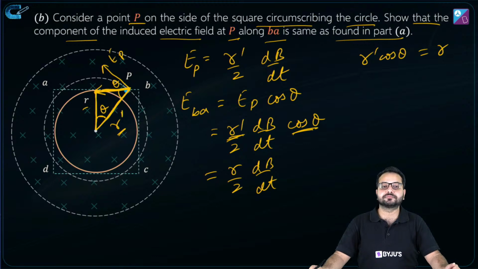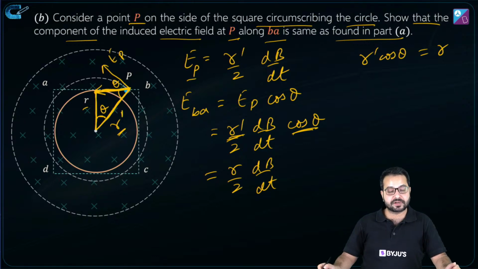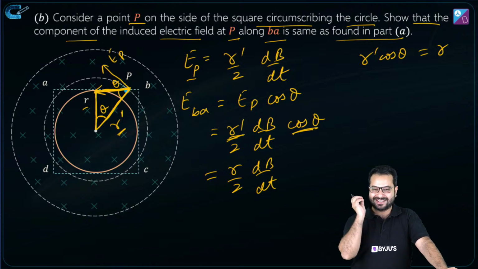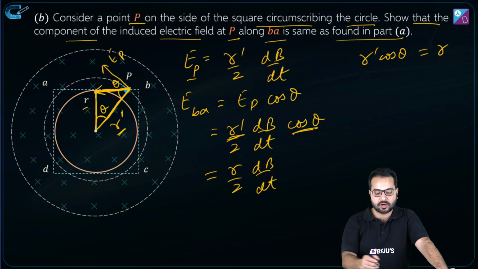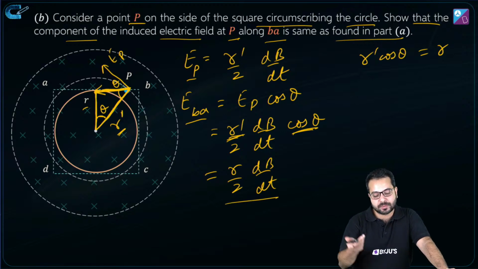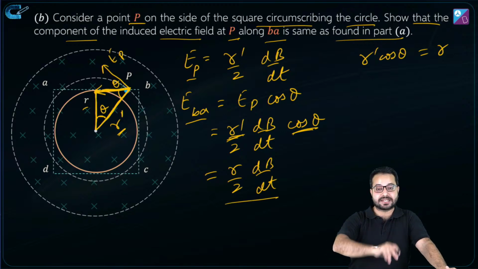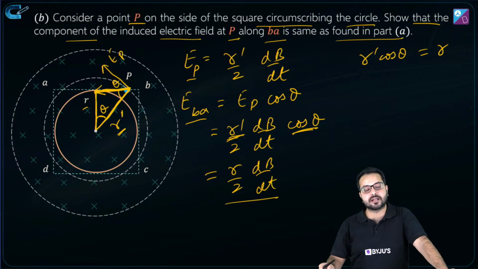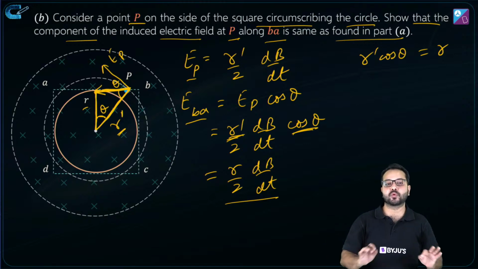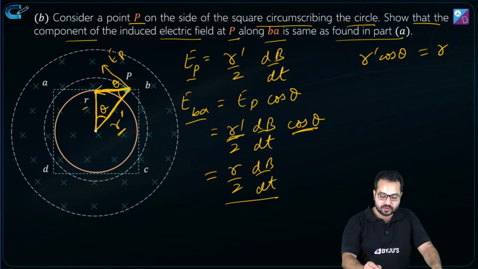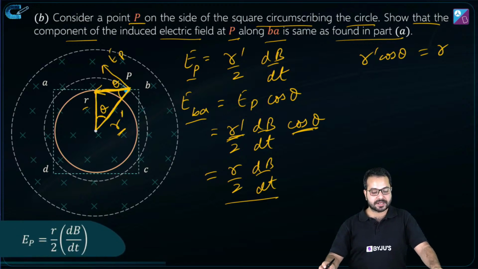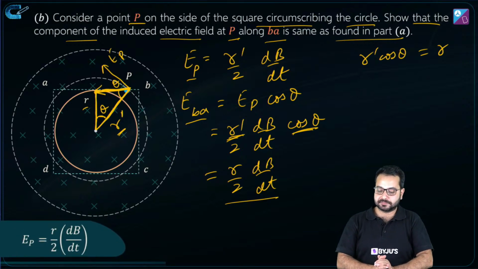Is that clear? So we have found the induced electric field at point P. We have taken a component along BA, and that comes out to be r by 2 dB by dt, which was the induced electric field we calculated in the last section. Hence we have proved this. Is that correct? So this is going to become r by 2 dB by dt.